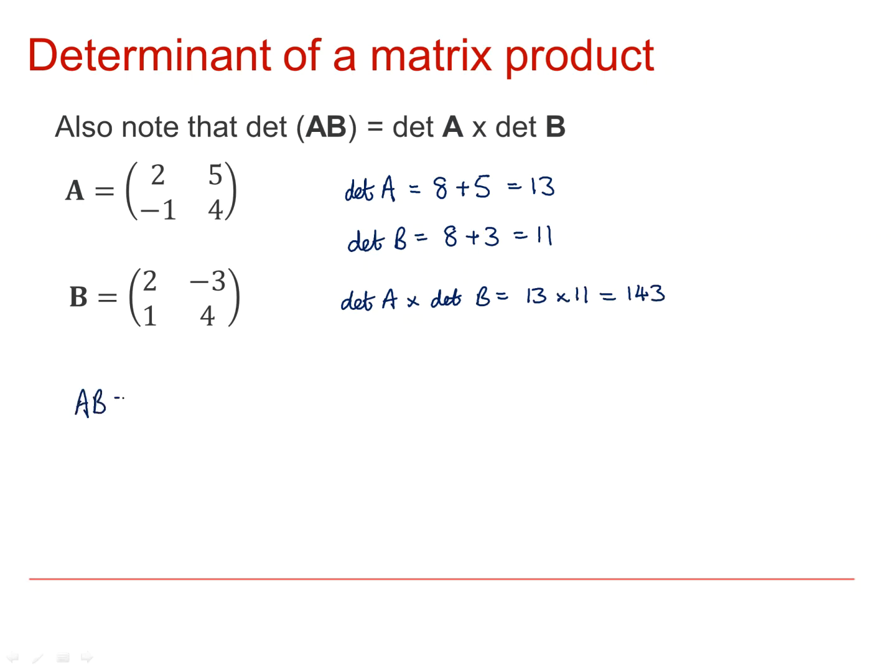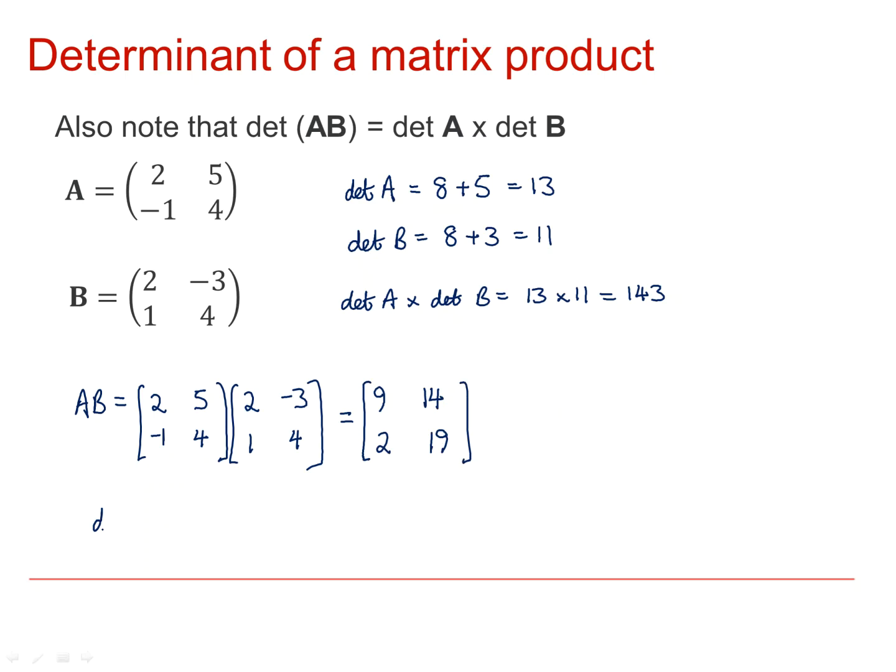Now we'll find the matrix AB. Which is equal to 4 add 5, which is 9, minus 6 add 20 is 14, minus 2 add 4 is 2, and 3 add 16 is 19.